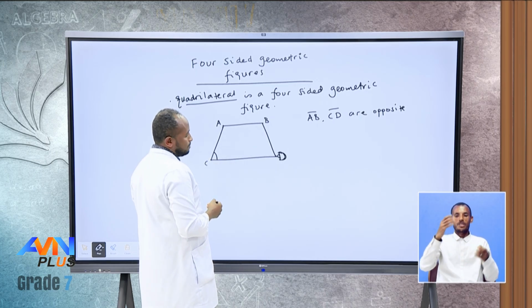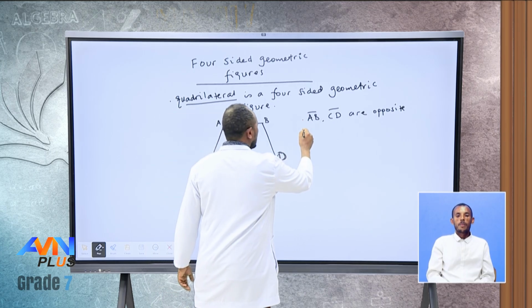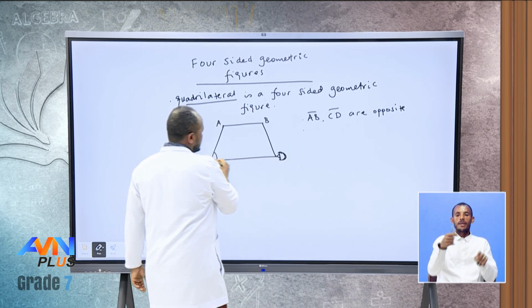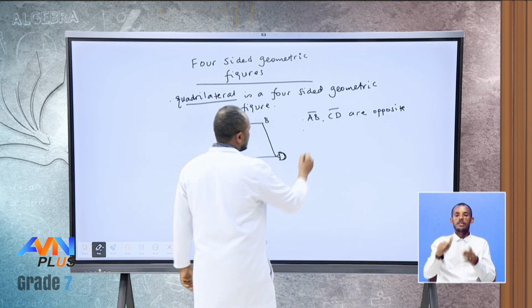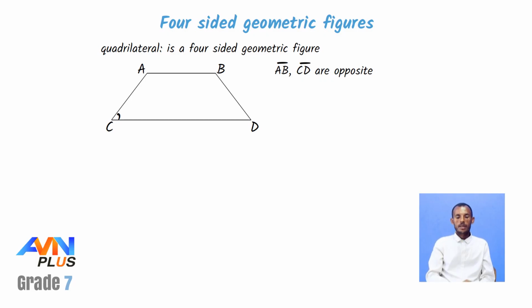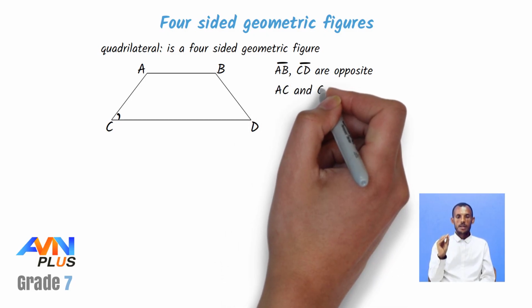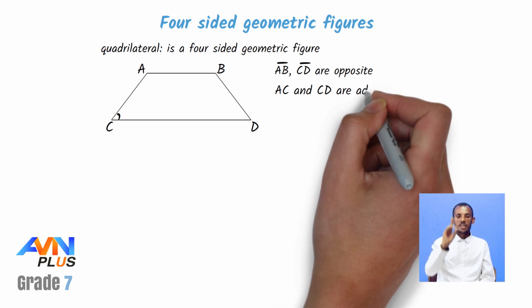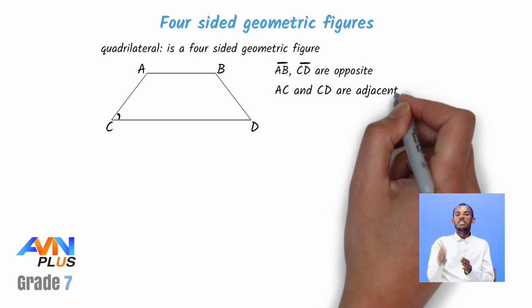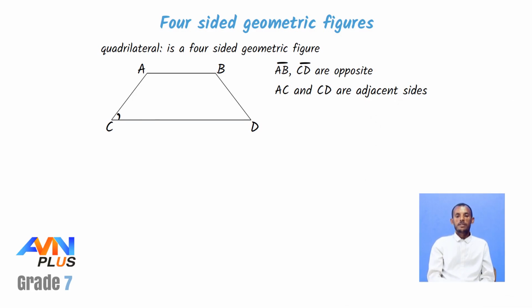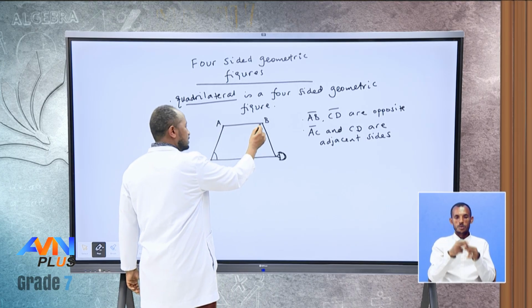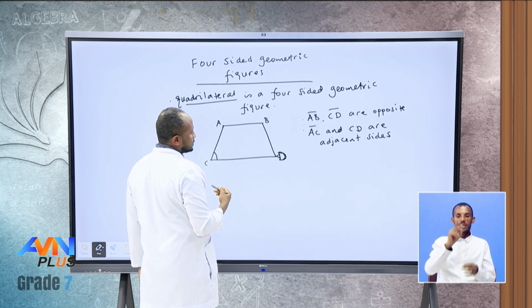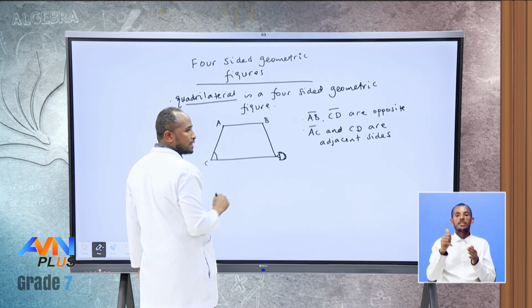But AC and CD are called adjacent sides of this quadrilateral. Not only AC and CD, you can also name AB and BD to be adjacent sides. BD and DC are adjacent sides.